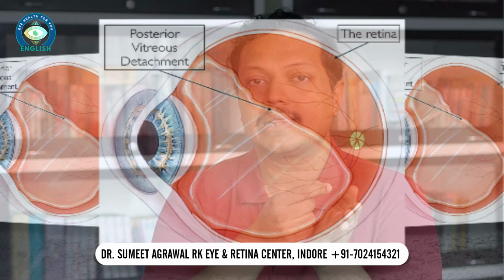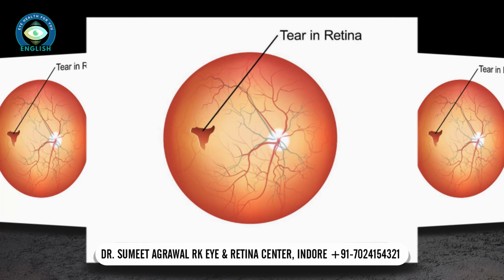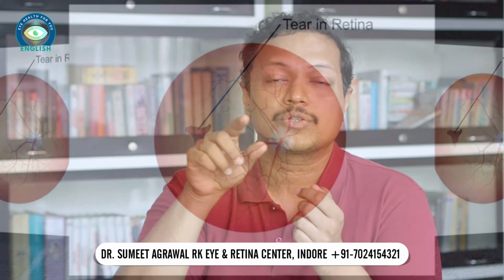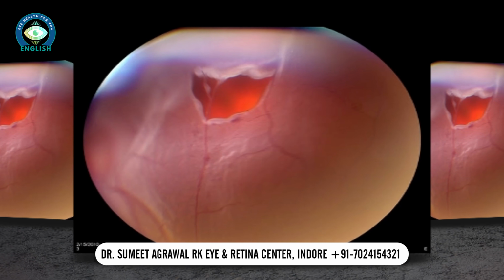Most commonly, it happens because the vitreous gel separates from the retina, mostly because of aging, and when it separates, it pulls or tugs on the retina, and this traction can tear the retina. Physically, it can tear. This kind of tear is called a horseshoe-shaped tear because it looks like a U-shaped horseshoe, and the flap of this horseshoe acts like a valve. So the fluid comes in but doesn't go out.